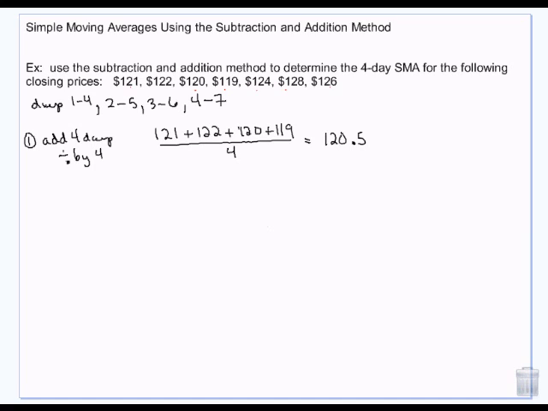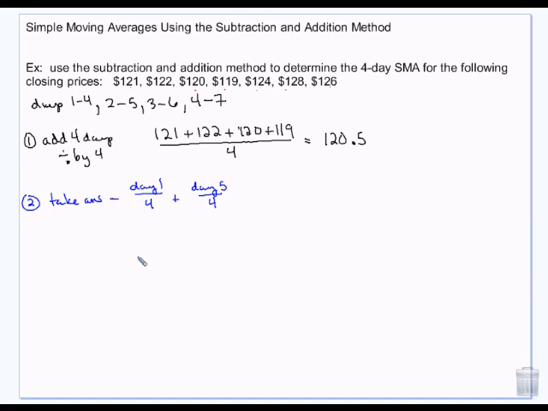Now, step 2 is where you start doing something differently. I'm going to take my answer from here. I'm going to subtract day 1 divided by 4, and then I'm going to add day 5 divided by 4.